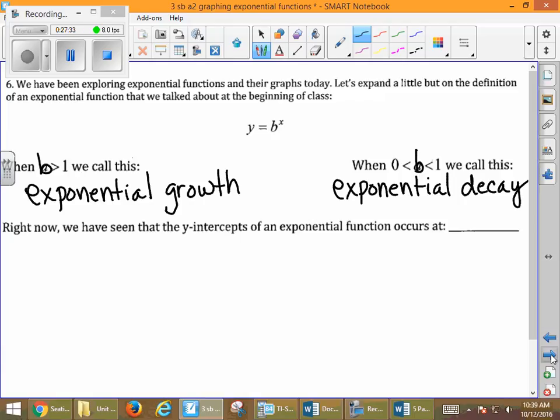And then finally, one other common characteristic, whether we're dealing with exponential growth or exponential decay: what is the y-intercept of either kind of graph? It's (0, 1).